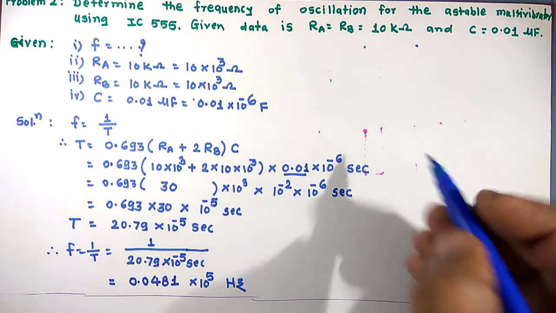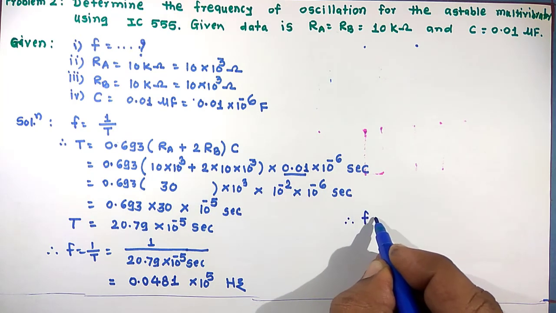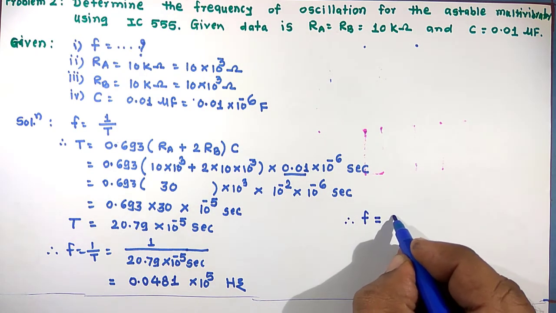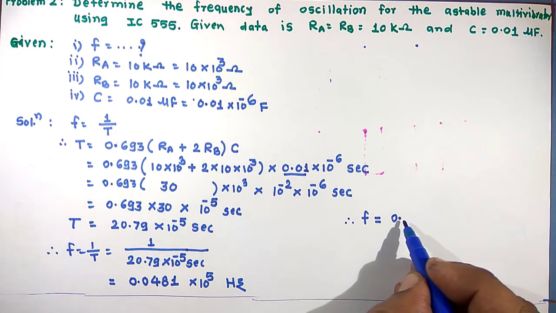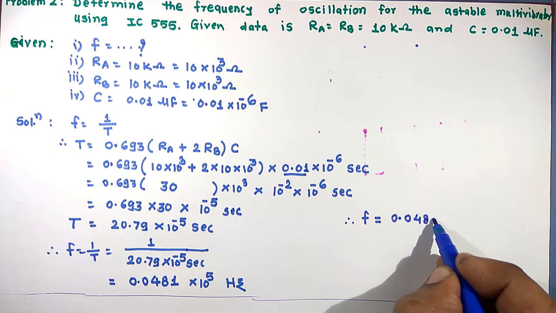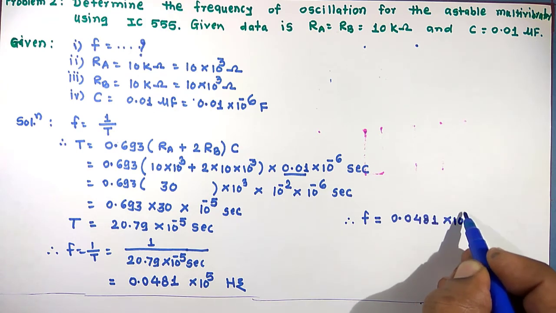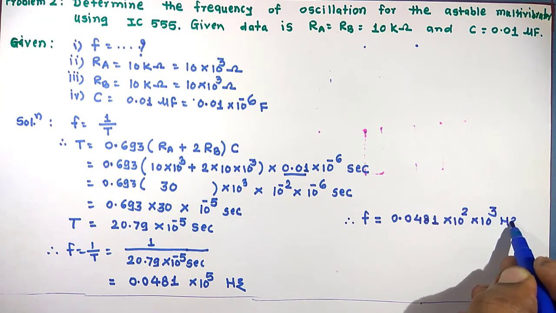Hence frequency f is equal to 0.0481 into 10 raised to 5 hertz. Now out of this 10 raised to 5, let us take 10 raised to 2 into 10 raised to 3. So this will be 0.0481 into 10 raised to 2 into 10 raised to 3 hertz.